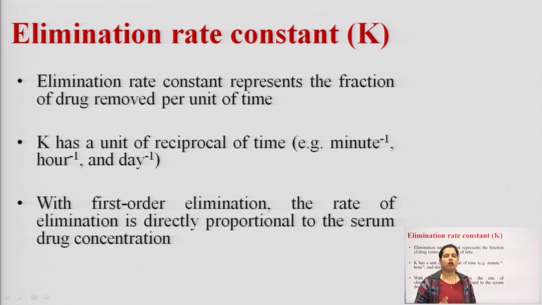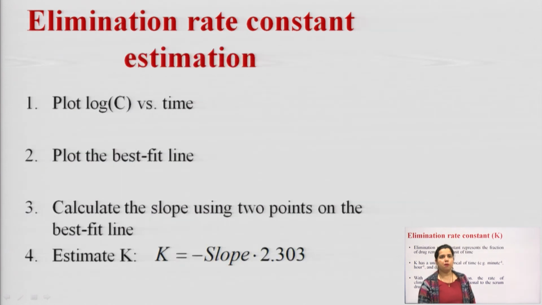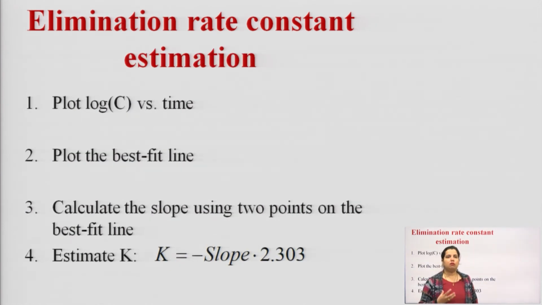So, with first order elimination, the rate of elimination is directly proportional to the serum drug concentration, the drug concentration present in blood plasma. So, elimination rate constant can be estimated using plot log C versus time, plot the best fit line, calculate the slope using 2 points on the best fit line. So, K is equal to minus slope into 2.303.